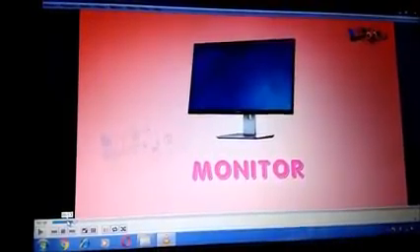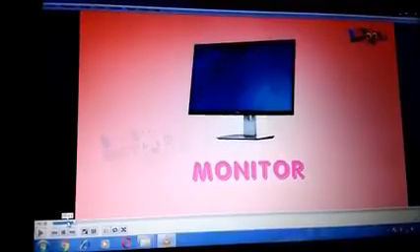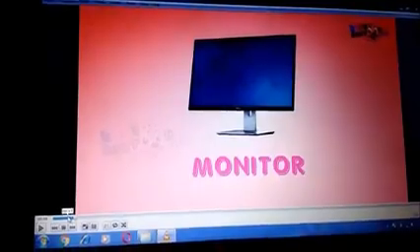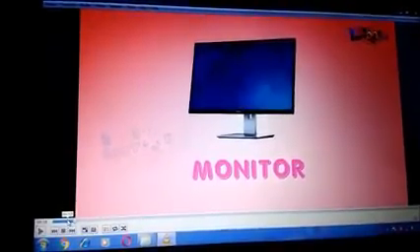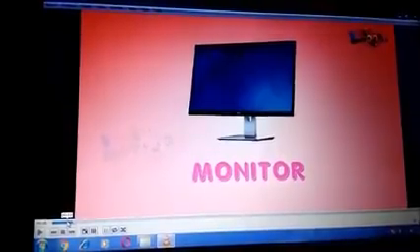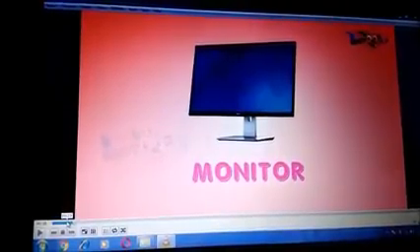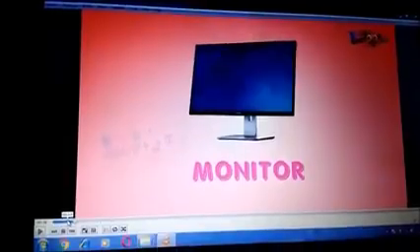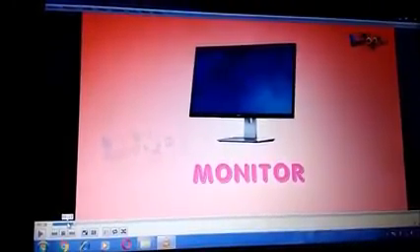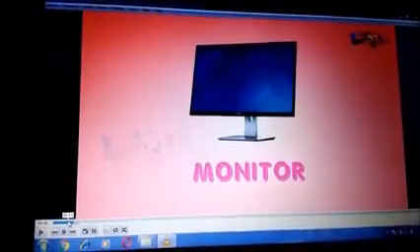Next is the LCD monitor. LCD stands for liquid crystal display. The main advantages of LCD are that it is lightweight and needs less space. It has low power consumption, low radiation and high resolution support.